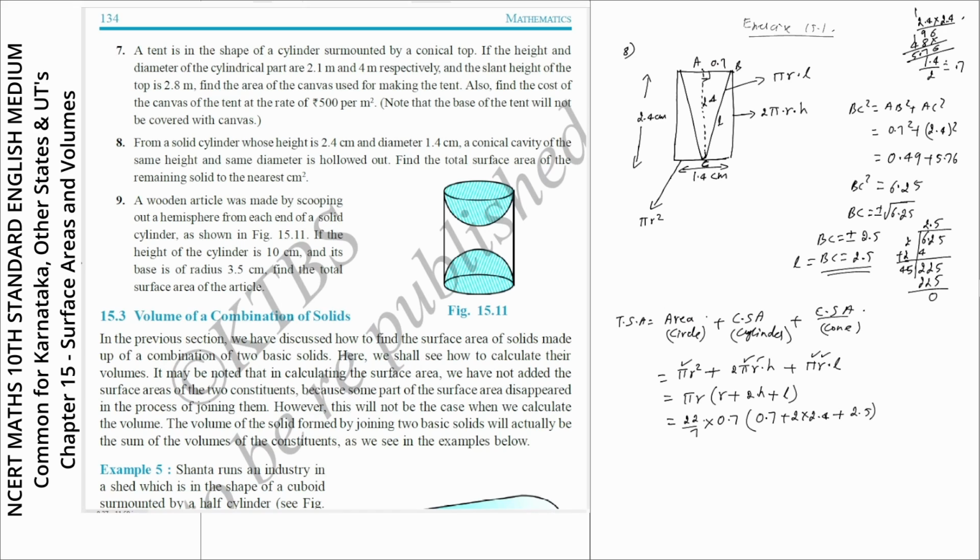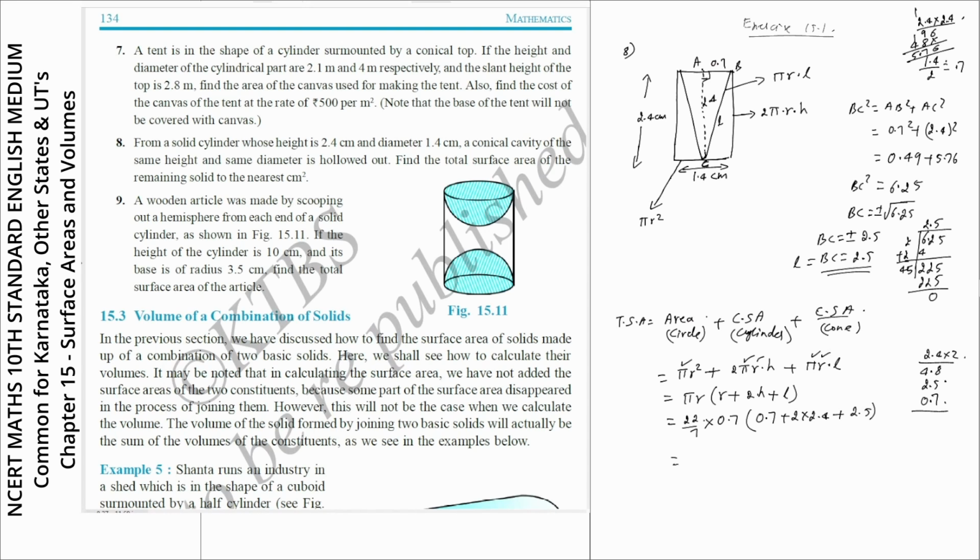Okay, now simplify, 2.4 into 2, the 2 4s are 8, 2 2s are 4, 4.8 plus 2.5 plus 0.7, how much?